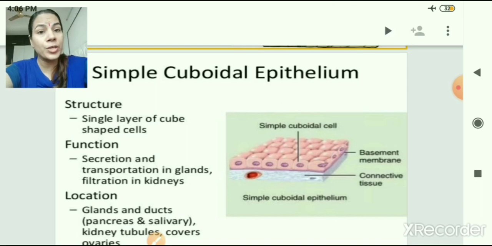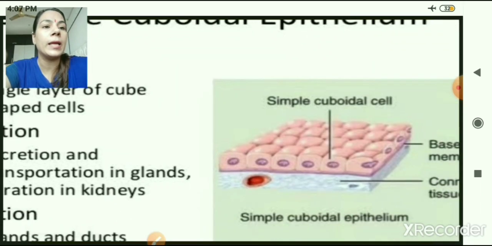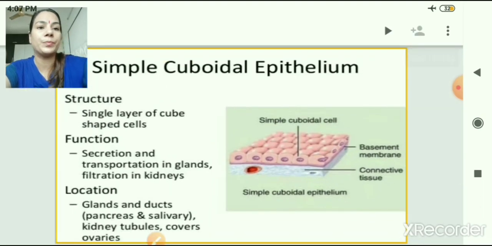Its location is in glands and ducts, specifically in the pancreas and salivary glands, and it is also present in kidney tubules, and it covers the ovaries also. Here in this diagram you can see simple cuboidal epithelial cells. The shape of the cells is cuboid, that is why it is called simple cuboidal epithelium.